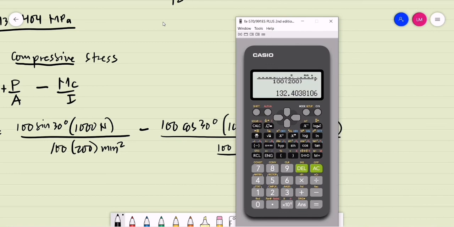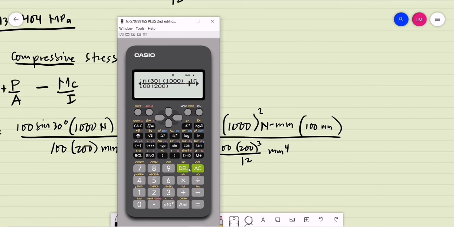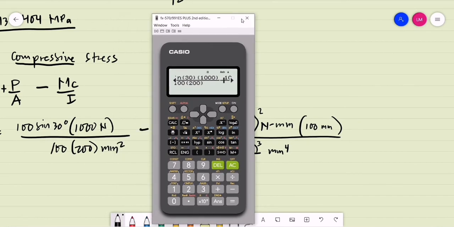So all we have to do is edit our previous input. We have to change the operation between the two terms. So this is a positive axial stress and a negative bending stress.